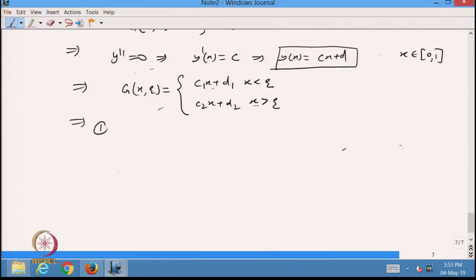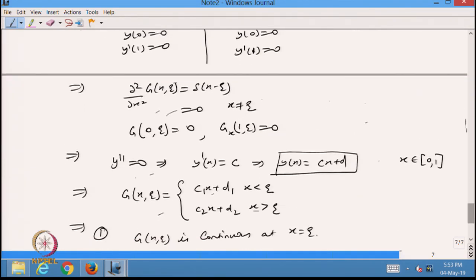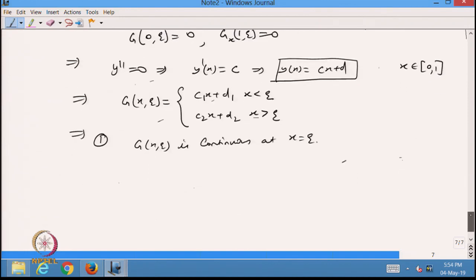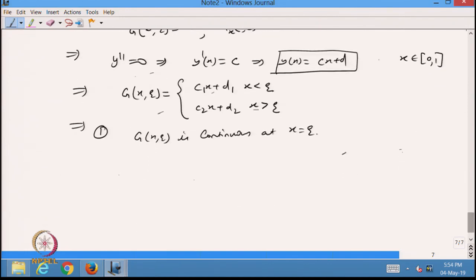The first property is that my function g is continuous at x equal to xi, because you can also find the Green function by solving this homogeneous equation, then putting in the boundary conditions, and then finding the corresponding coefficients. But here I am applying another method, that is, with the help of the properties of the Green functions.